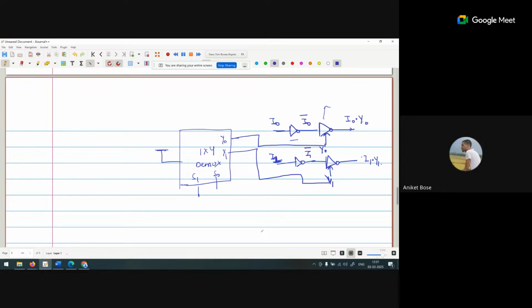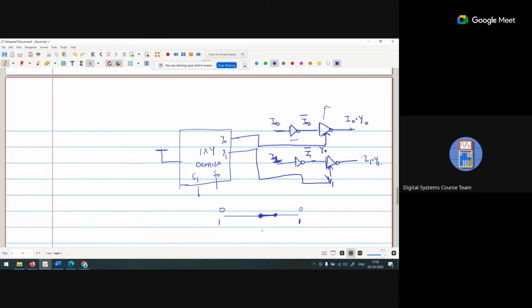Sir, please explain the high impedance state. High impedance state: basically, if we change the input, for example, I have one direct path and in this path I am using a switch. If the switch is closed, when we provide 0 we get 0, and when we provide 1 we get 1.